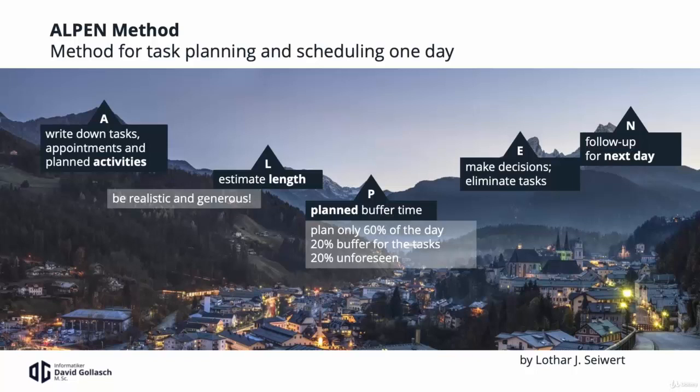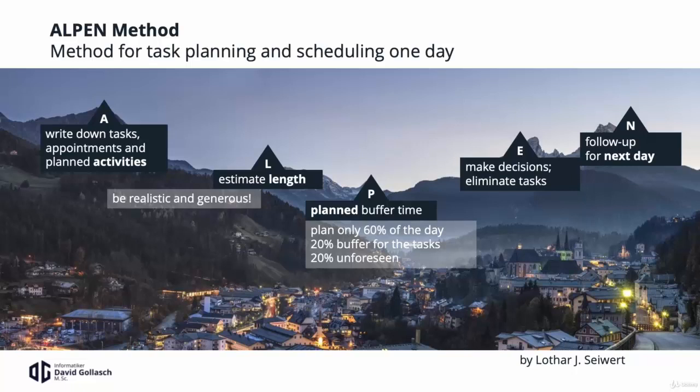So first we're going to look at the Alpen method. The Alpen method describes 5 steps or 5 aspects that you have to consider when it comes to planning your day, so planning tasks during your day and finding a schedule in as smart a way as possible. Therefore, we follow the following steps.